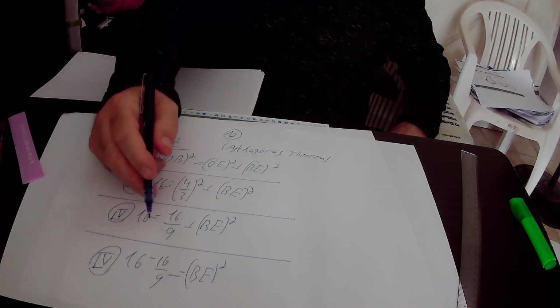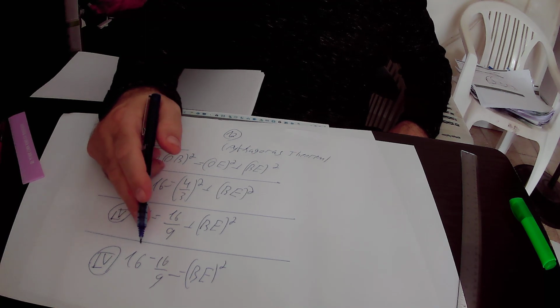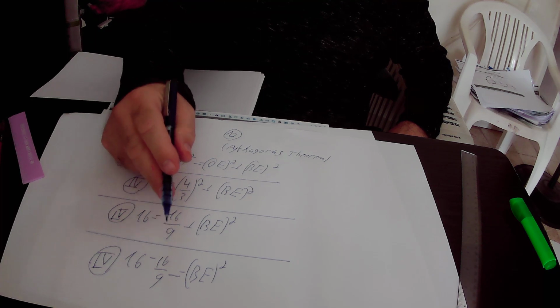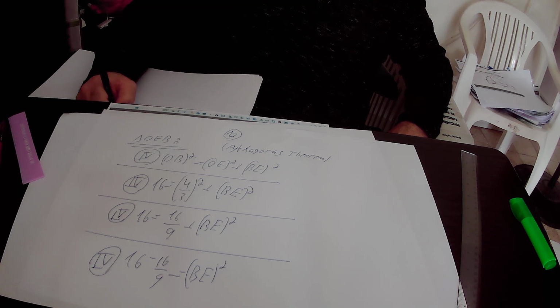Here we will multiply 16 by 9 and then divide it by 9 in order to have a common factor with 16 over 9. So we will get 16 times 9 over 9 minus 16 equals BE square.